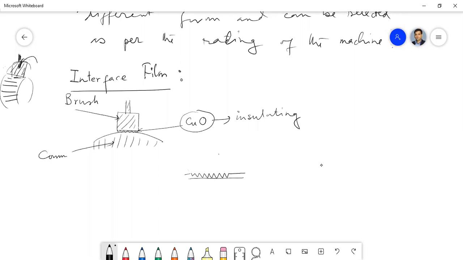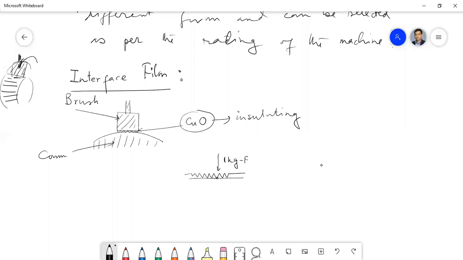Now when you have applied some pressure, suppose 1 kg pressure you have applied, the actual area on which this 1 kg pressure is applied is very small. Those are the points on which this 1 kg force is applied.